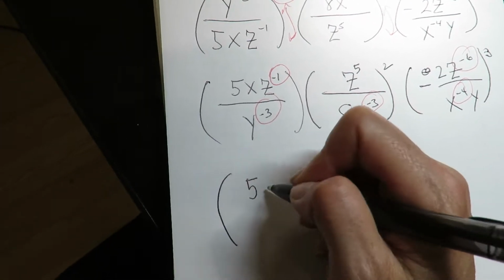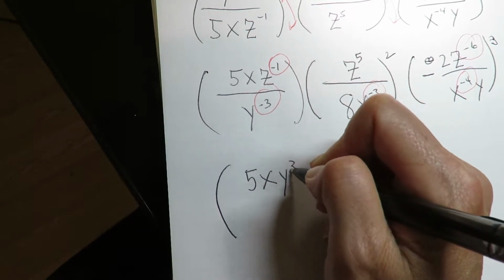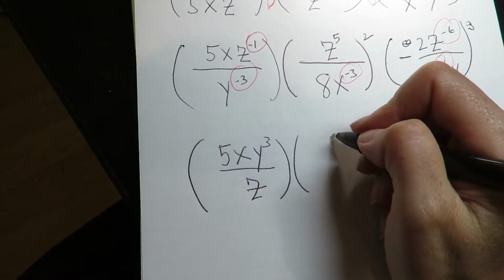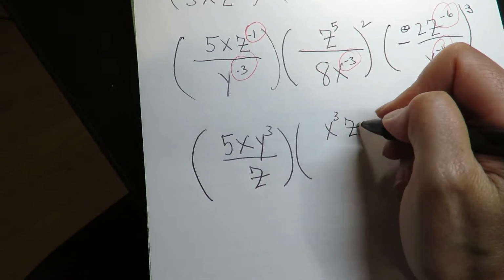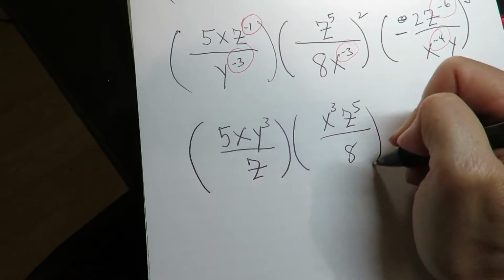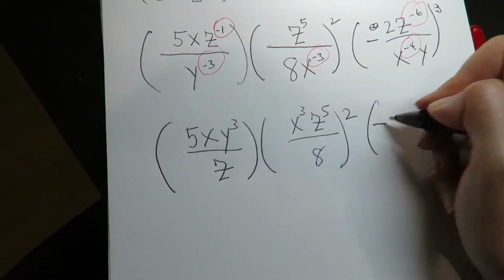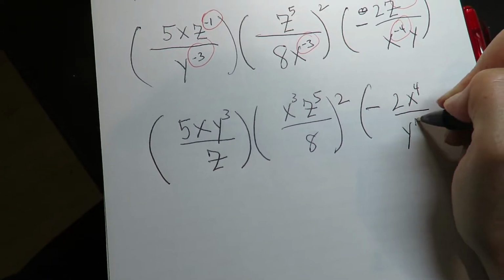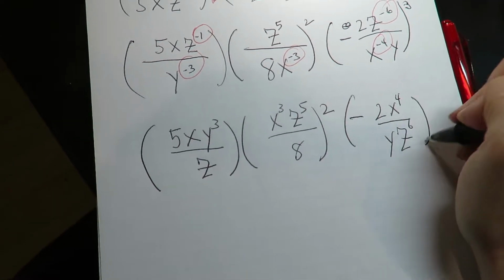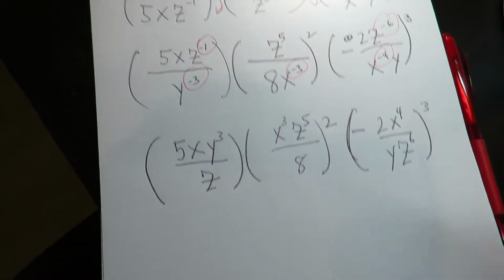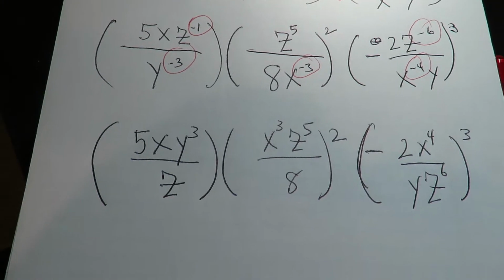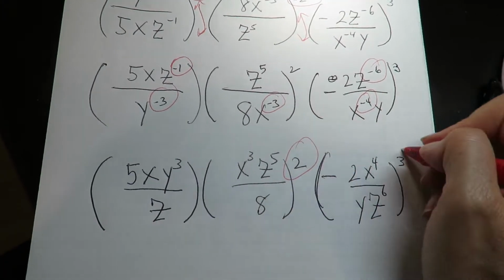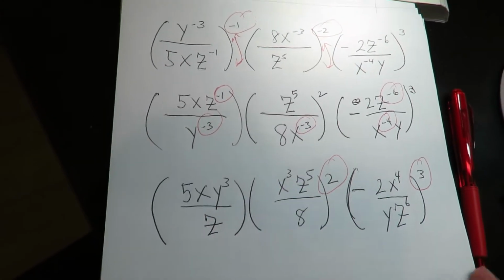So everybody has to go to the other side. Okay, now let's do this. Let's square and cube what's in the parentheses.